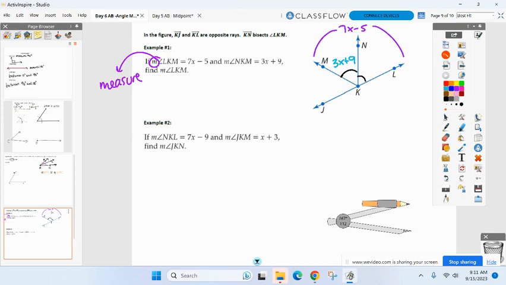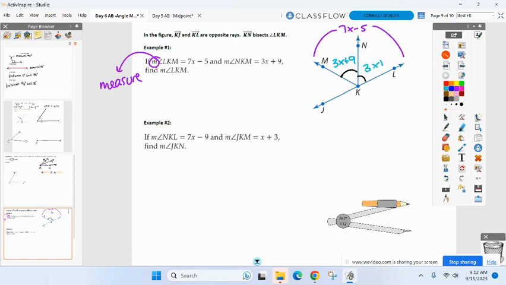How many degrees are in LKM? Ooh, we're going to have to set something up here, aren't we, to solve for x. Wait, whoa! What do these markings you put on there mean? They're equal. So if I just threw a 3x plus 9 here, guess what's going on that other angle? Oh, 3x plus 9.